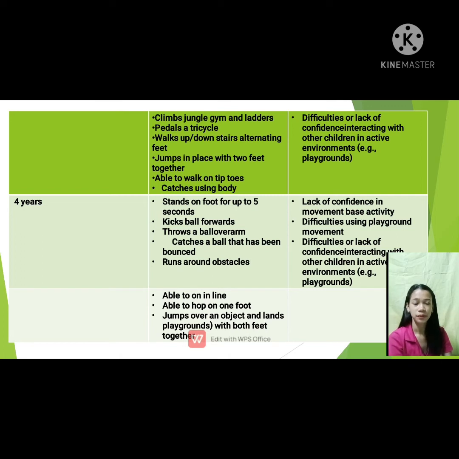If the milestones cannot be achieved by 3 years old, there are decreased opportunities for social interaction and for development of body awareness and movement planning, difficulties using the playground, and difficulties or lack of confidence interacting with other children.